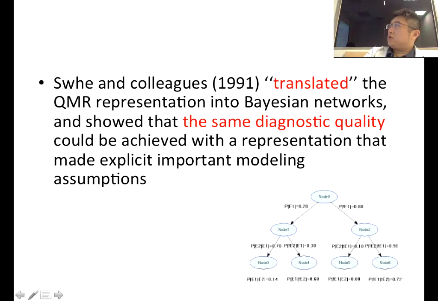Then in the future, when there's an unknown patient, you can use the Bayesian network to make a diagnosis. I think this slide wants to show you that back in 1991, they already proved that the Bayesian network has the same diagnosis quality as the expert.